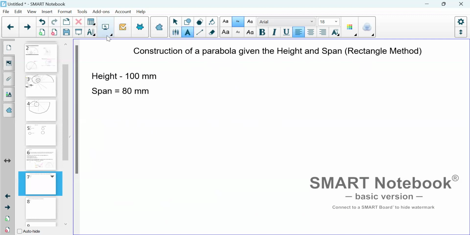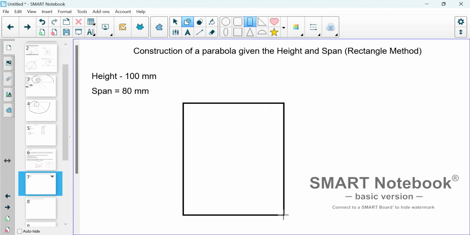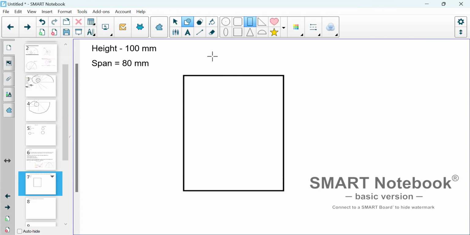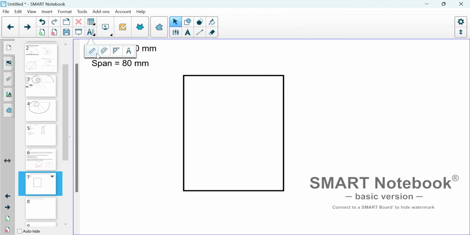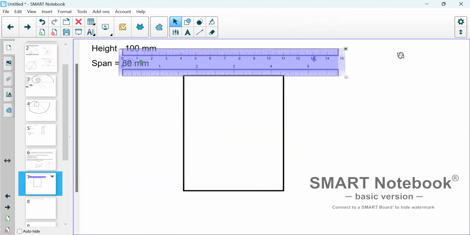So what I'll do, I would use the rectangle option here to obtain that rectangle. But of course, we would have to ensure the rectangle is constructed based on the lengths given, right? Based on the lengths given. What I just want to ensure also is that I find the center.